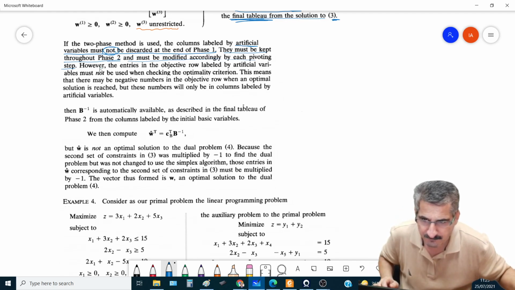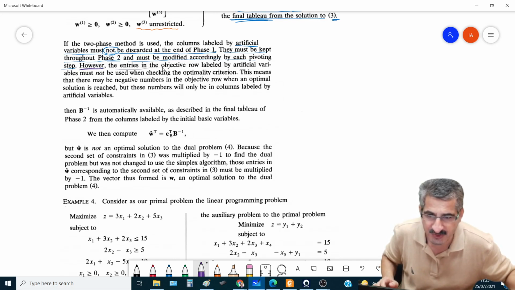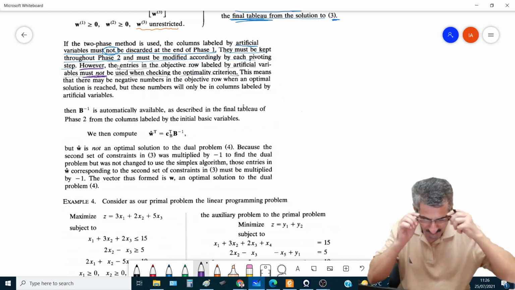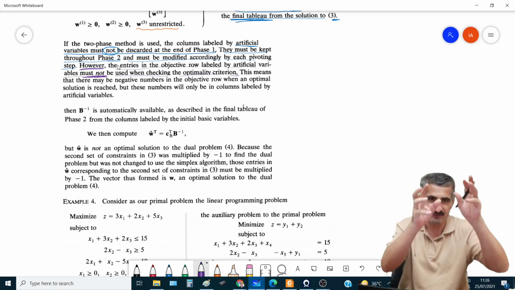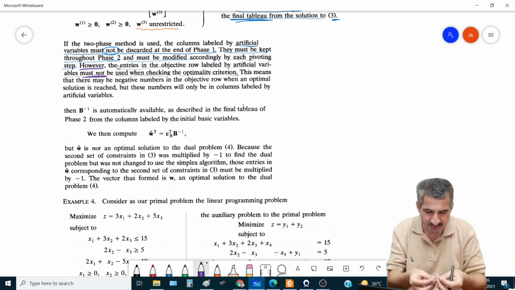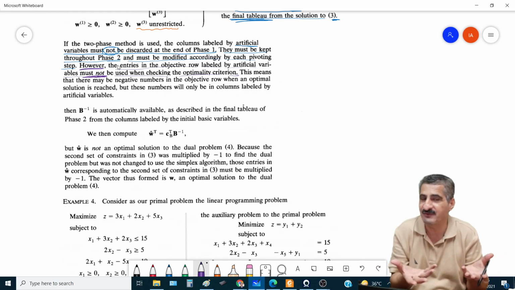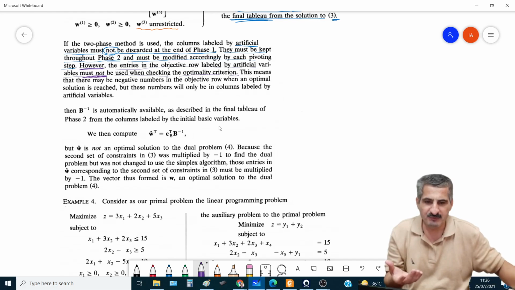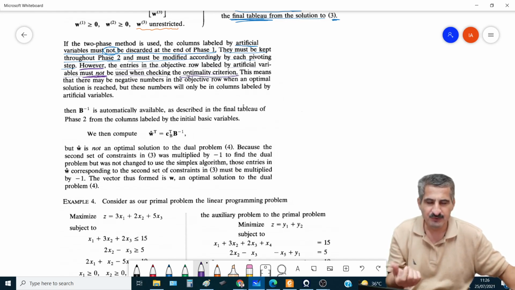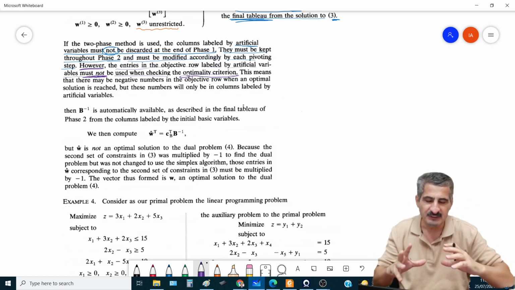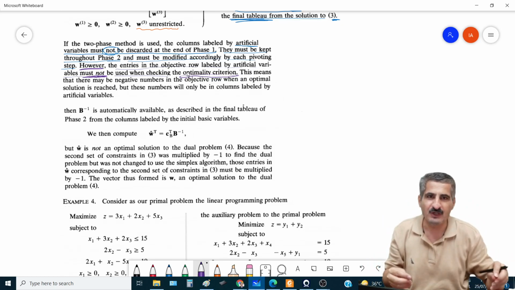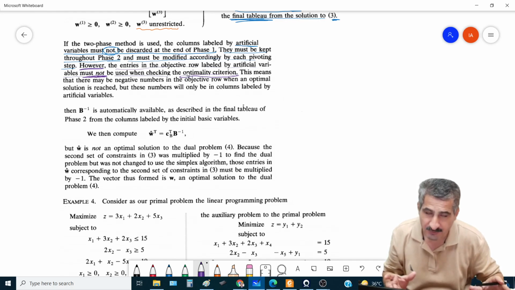However, the entries in the objective row labeled by these artificial variables must not be used when checking optimality. We are keeping the columns of artificial variables, but the entries in the objective row might be negative, and that's fine. The optimality criterion says you keep pivoting from table to table until the entries in the objective row are all non-negative.